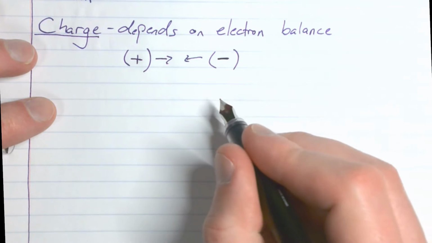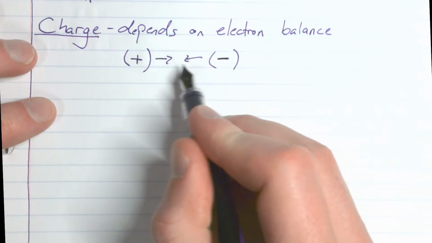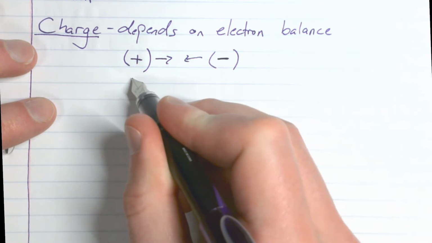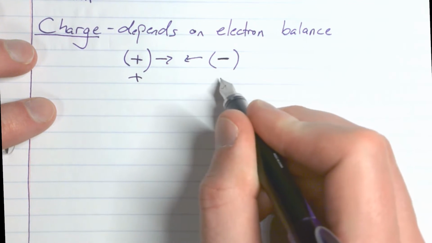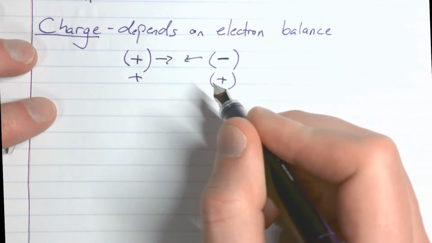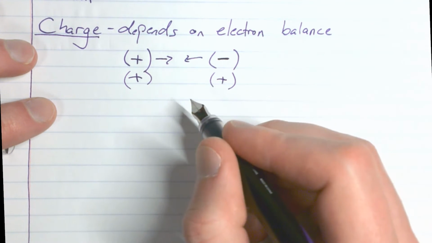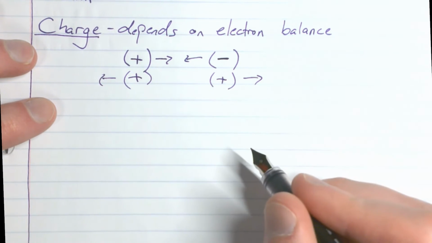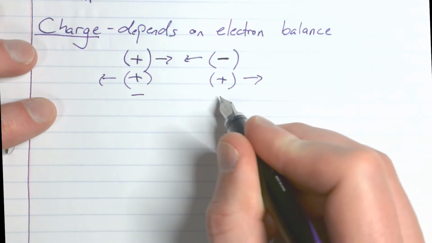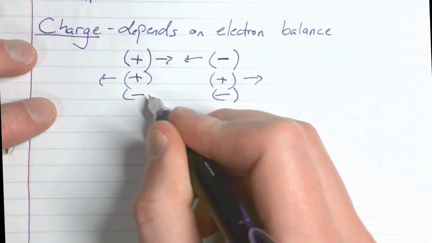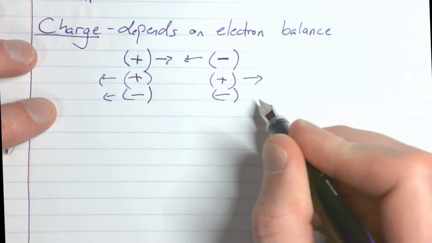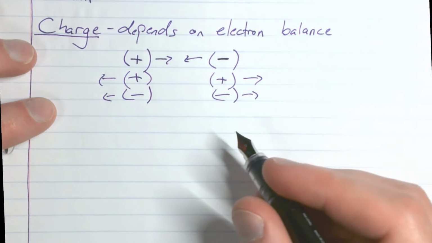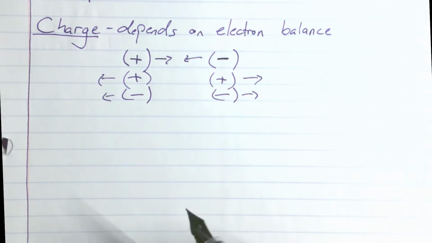So a positively charged particle is going to be attracted to a negative one, but if I have a positive and a positive, then they'll repel from each other. Or a negative and a negative. Kind of like magnets. When you put a North Pole and a North Pole, they go away from each other. This is basically the same thing.